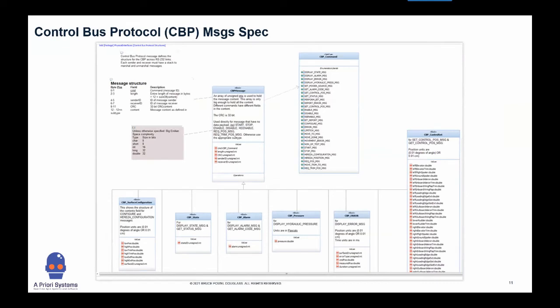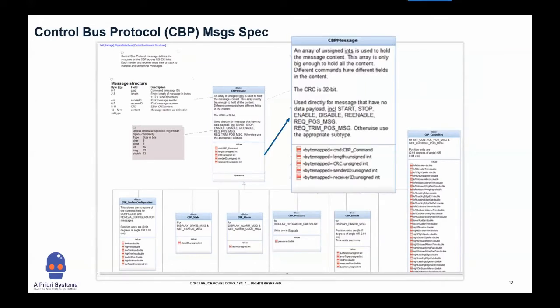Okay, so here's an example of a protocol. I invented a protocol for this called Control Bus Message Protocol, the CBP protocol. And this is the basic structure for the base class for the message. There's a command byte, and there's a length, how many bytes are involved. There's a 16-bit, 32-bit rather, CRC, sender ID and receiver ID.